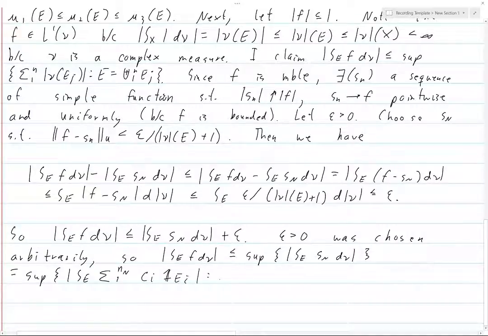And you know how these simple functions work: the c_i's are constants and the E_i's are disjoint subsets.